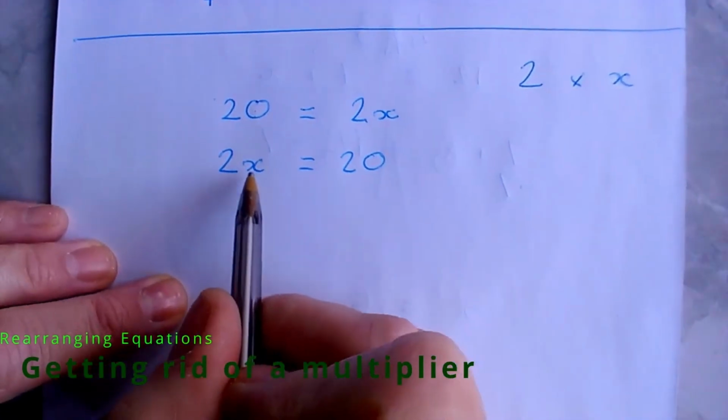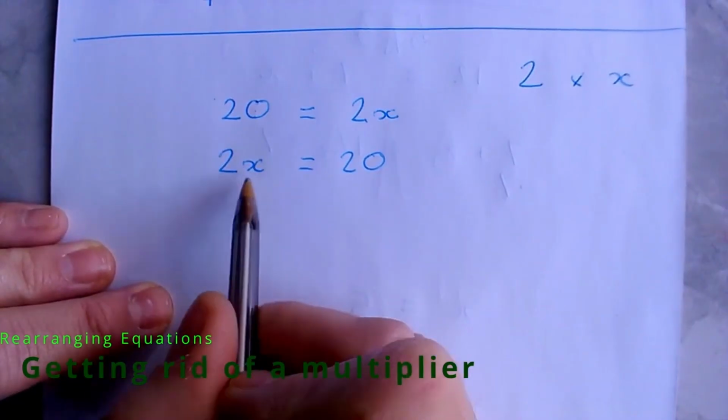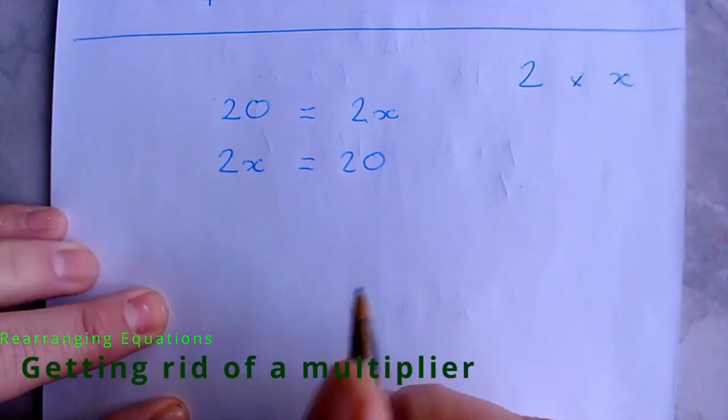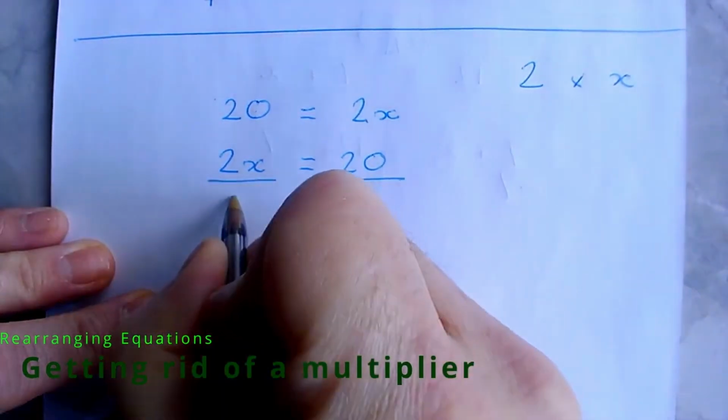Now I want to just calculate what the value of x is, and at the minute the x is being multiplied by 2. The opposite of multiply is divide, so I'm going to divide both sides by 2.